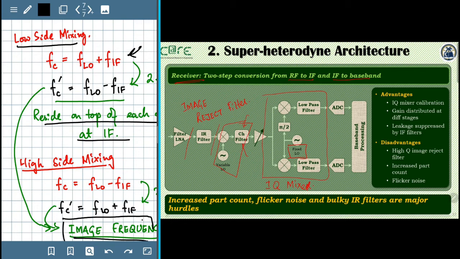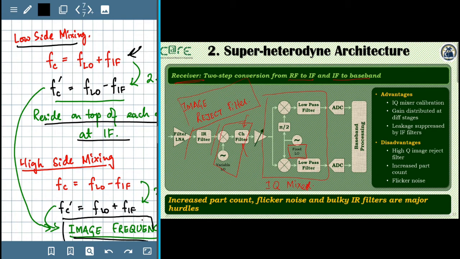The disadvantages, on the other hand, are that in order to achieve this image rejection, we need to have a high Q filter. High Q basically means a filter that has to have a sharp transition band response relative to its center frequency.